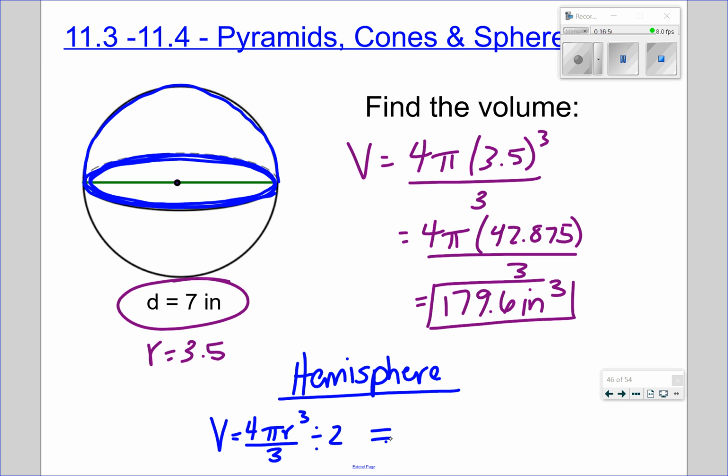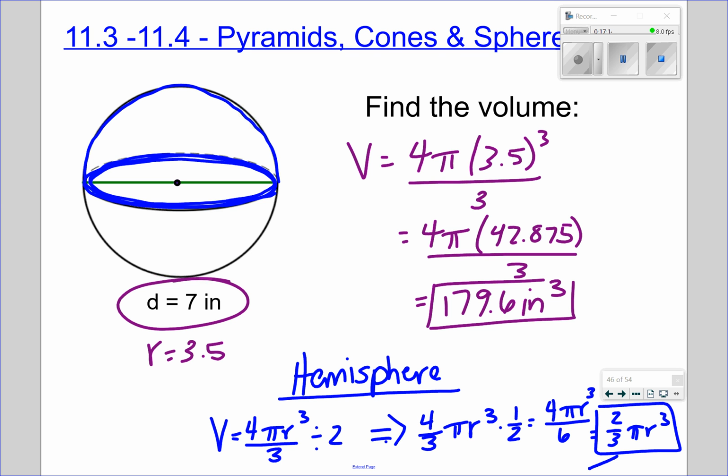Or it's the same as multiplying the 4/3 pi r cubed by 1/2. So you would end up with 4 pi r cubed over 6, or 2/3 pi r cubed. So just understand this would be your formula for a hemisphere, or you can always just take the volume of a sphere and then divide it by 2. Just some food for thought.